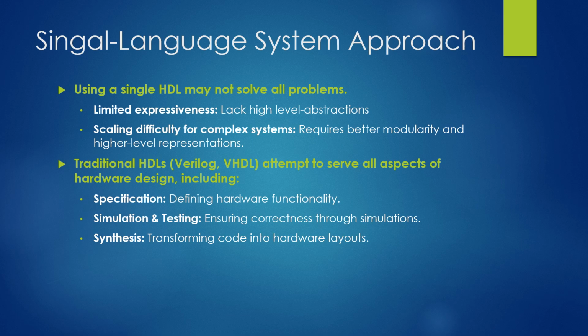Traditional verification methods are simulation heavy, which is also very time consuming, and formal verification methods such as theorem proving or model checking can be difficult to integrate in existing HDLs.